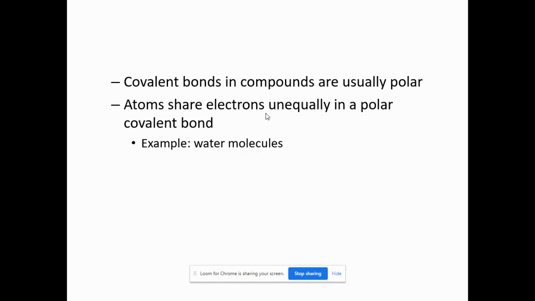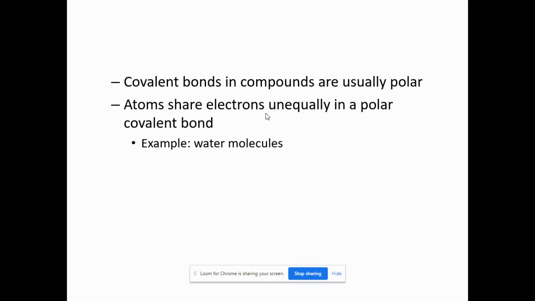All right, so covalent bonds in compounds are usually polar. Okay, and so atoms share electrons unequally in a polar covalent bond, meaning that the electrons, even though they're being shared, are really kind of being pulled closer to one than the other.